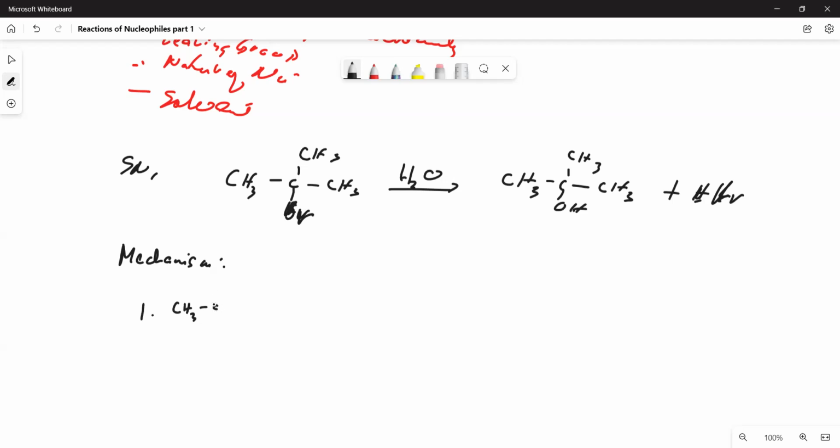So the first step is, since the molecule is too crowded, the leaving group has to leave the carbon.